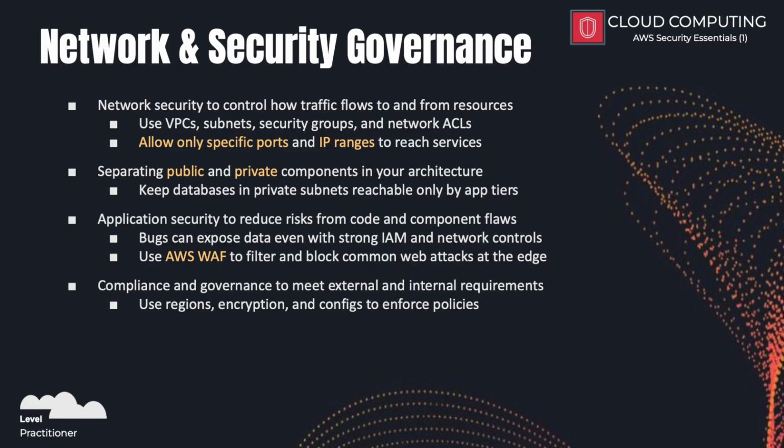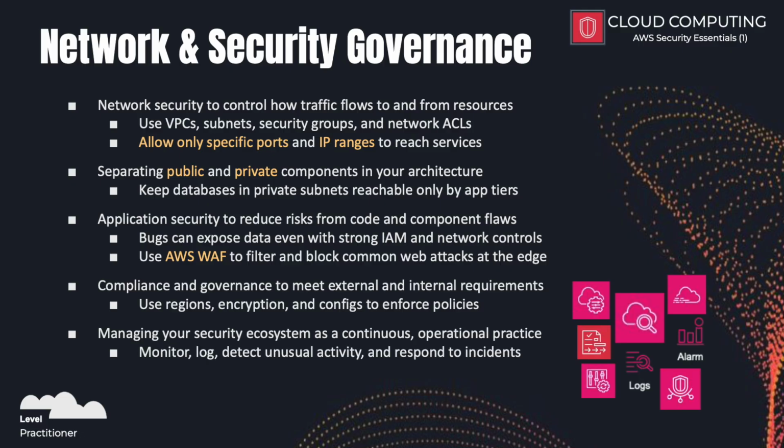We covered this topic in detail with good examples in our previous videos when we talked about AWS Config and the AWS Audit Manager service. And the last area is managing your security ecosystem. Since security is ongoing, this area focuses on monitoring, logging, and responding to issues. In AWS, services like CloudTrail and CloudWatch help you track activity and detect unusual behavior whenever it happens.